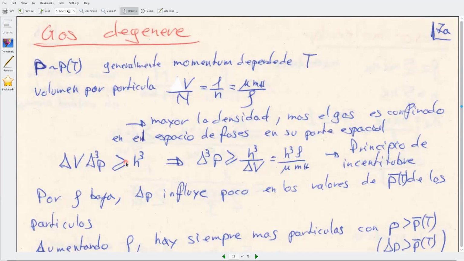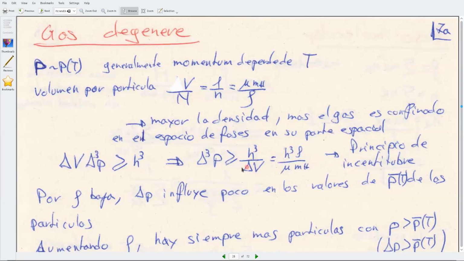But if you start to increase the density, that means we are packing everything. It means that the space that each particle has for itself starts to shrink. So accordingly, the variation of the momentum possible, connected by this relation, increases.